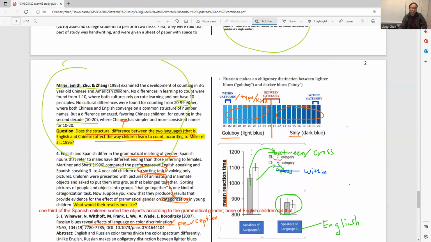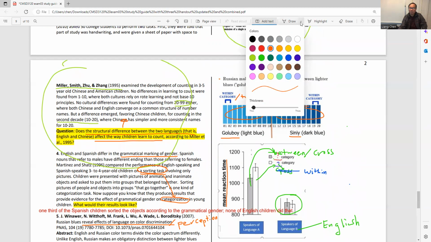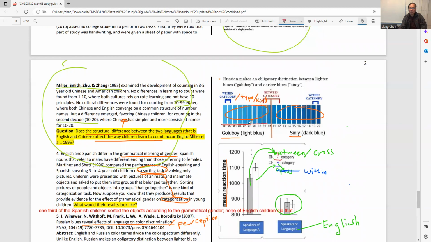Okay, so this question, number 5, is about color perception. So first, you need to know what is within category and between category. So think about this. There are different shades of color. On the left side you have the light blue category, and on the right side the dark blue category.